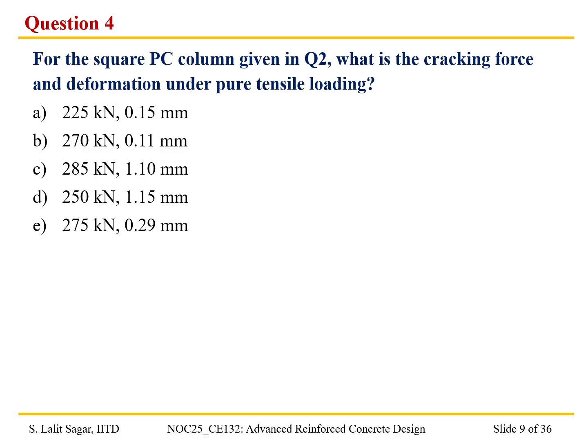So we'll look at the procedure now. Again, the cross section is the same, so our reference cross section is plain concrete column having dimensions of 300 millimeter by 300 millimeter.